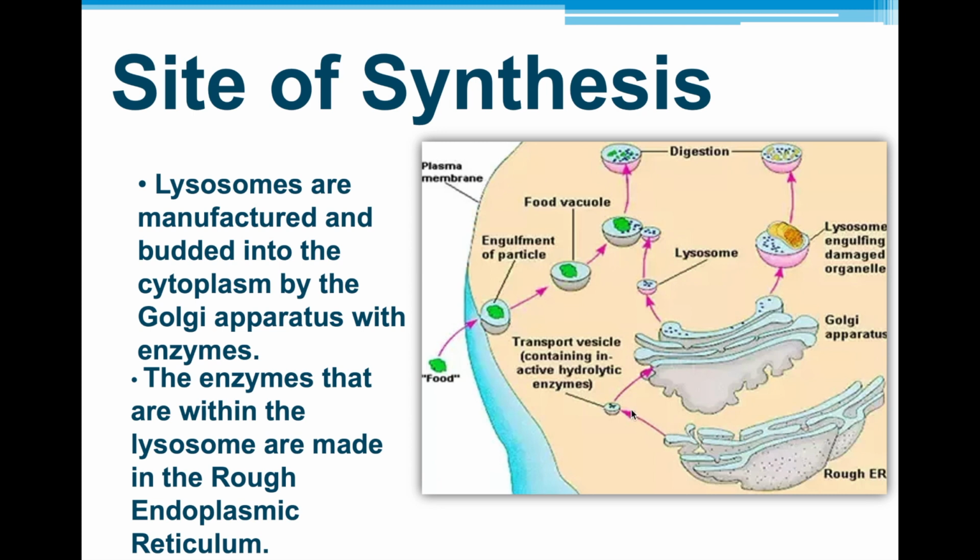Once synthesized, the enzymes are then delivered to the Golgi apparatus via transport vesicles. Lysosomes pass through various stages in the same cell. This phenomenon is called polymorphism, or existence of more than one morphological form.